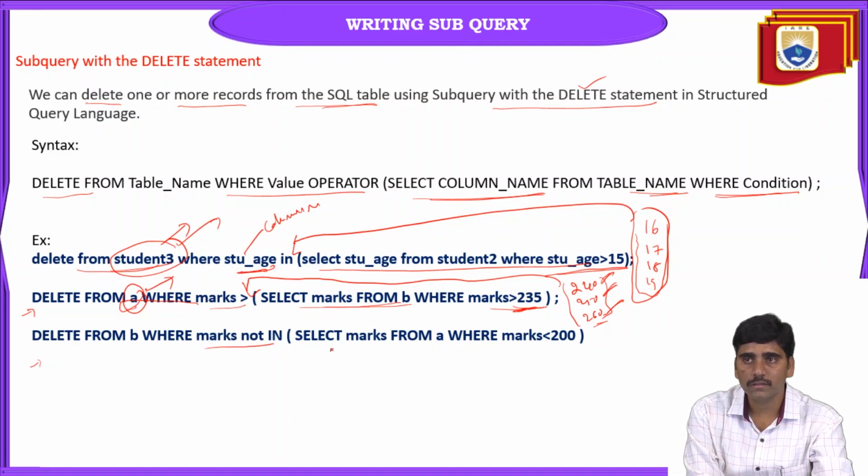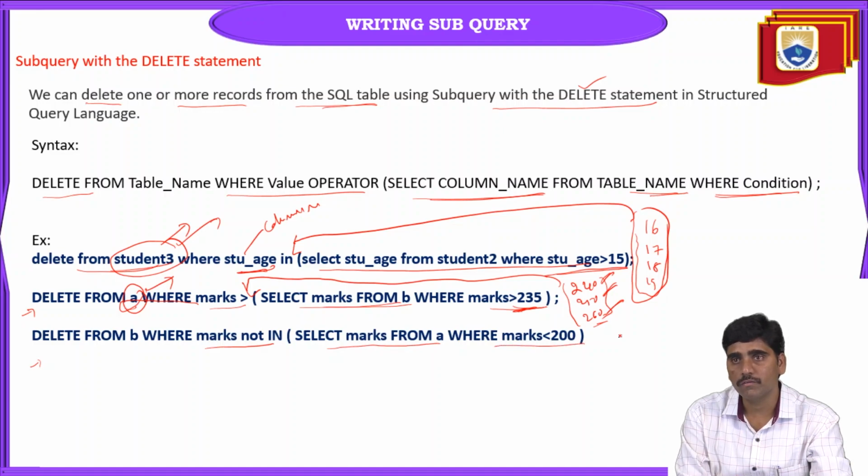And similarly, the next one: DELETE FROM B WHERE marks NOT IN (SELECT marks FROM A WHERE marks < 200). Whoever has marks less than 200, that means like 150, 160, 100.